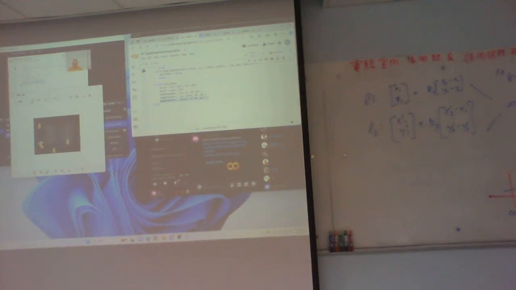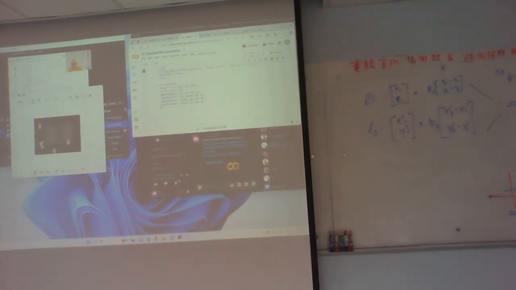And there should be 4 here. So cx, cy, new height, new width. No, new width, new height. Cell is 0, 0, height, width.